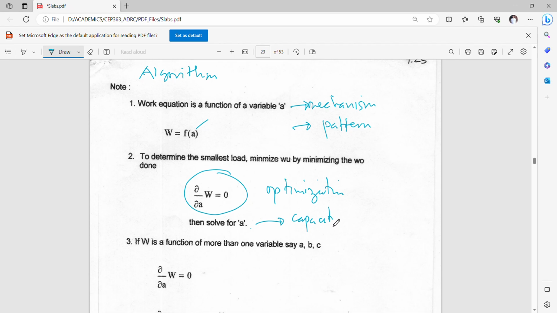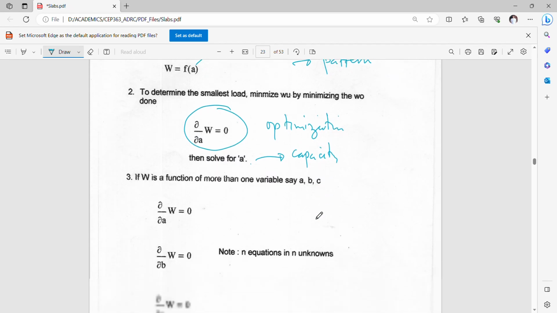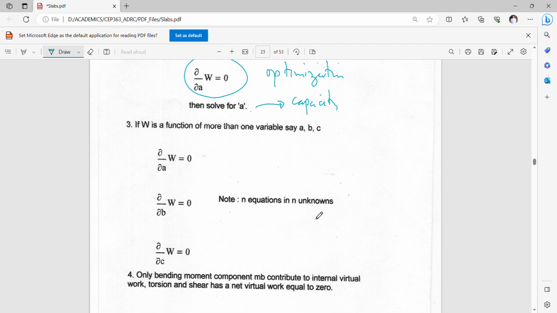But if you have a lot of independent variables a, b, c, then you have to take care of that by using a three-variable optimization procedure and then solve three equations with three unknowns to get the final set of variables, which may be of different patterns.